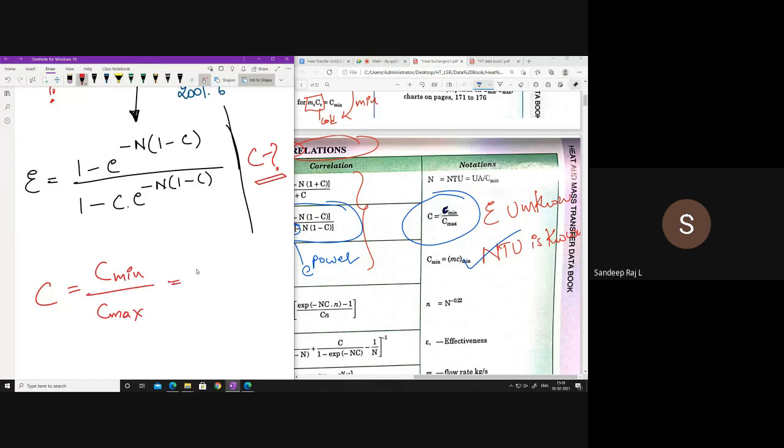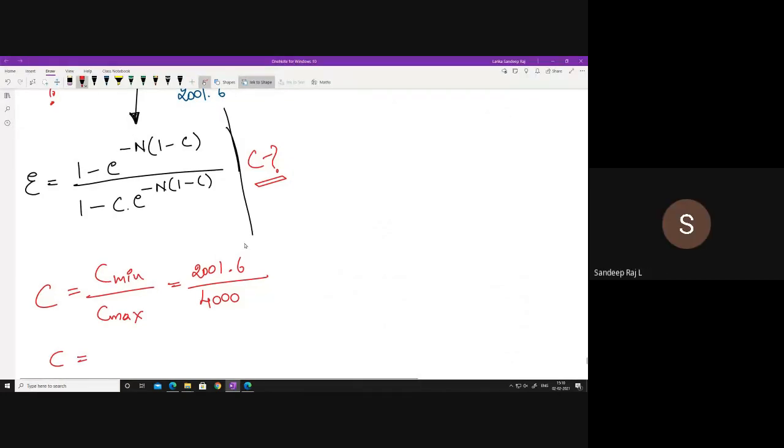What is C min in our question? It is 2001.6. What is C max? It is 4000 in our question. So tell me what is the C value? 0.5. So that is the thing.